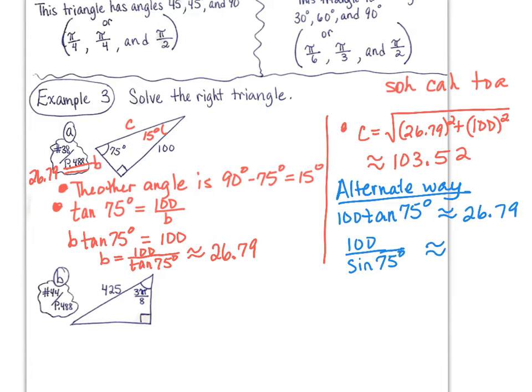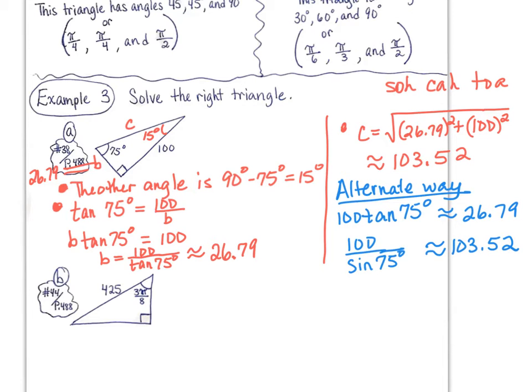And that would be approximately 103.52. And notice that here it's all using this, right? Sine of 75 degrees is equal to opposite over hypotenuse. So that means that your opposite over your sine of 75 degrees would give you this. Here you have it. Okay?